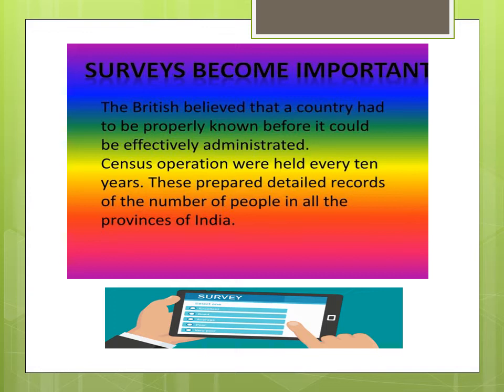Efforts were made to know about the topography, the soil, the flora, fauna, and so on. Then census operations were also held every 10 years, and these prepared detailed records of the number of people in all the provinces of India. This also led to finding information about caste, religion, and customs.